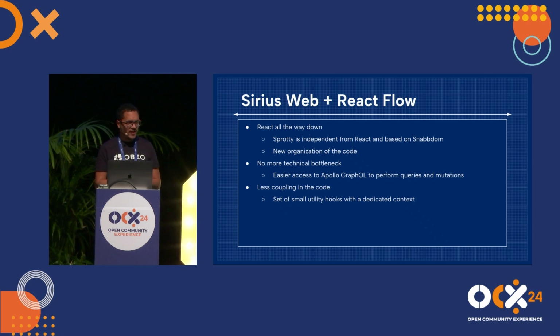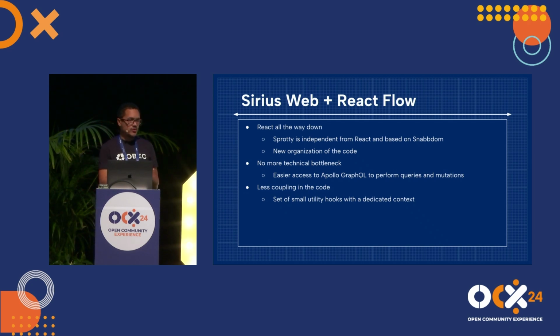So it's way easier to separate our different components and to have access to things like Apollo GraphQL to perform queries and mutations from the lower parts of the code. It also gave us the ability to remove couplings between parts of our code.